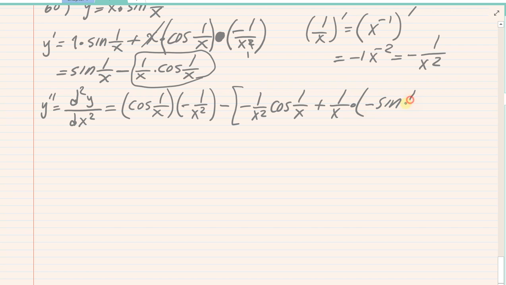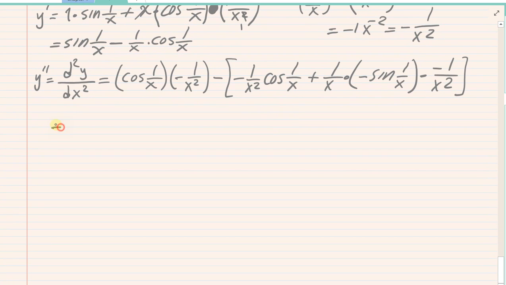Negative sine of 1 over x times the derivative of the inside, 1 over x, which is negative 1 over x squared. Okay. Now this becomes negative 1 over x squared cosine 1 over x.